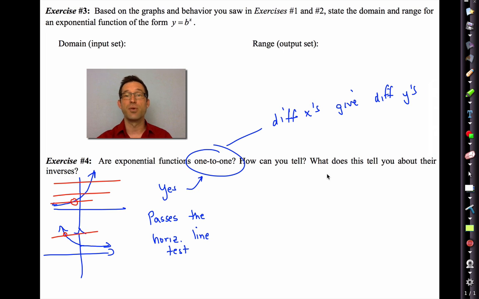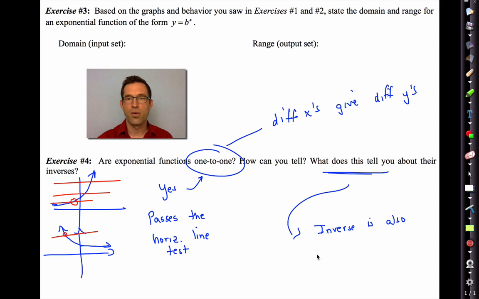Now, possibly the most important thing, what does this tell you about their inverses? It tells you that their inverse is also a function. Or perhaps grammatically speaking, I should say the inverses are also functions. All functions have inverses.